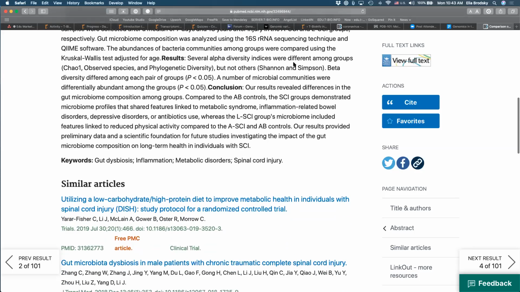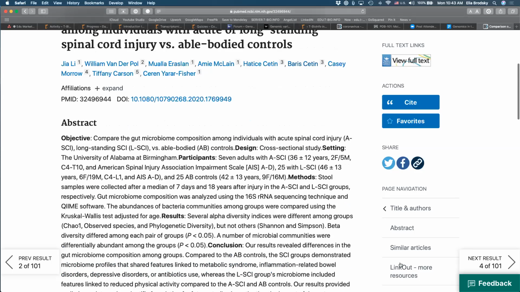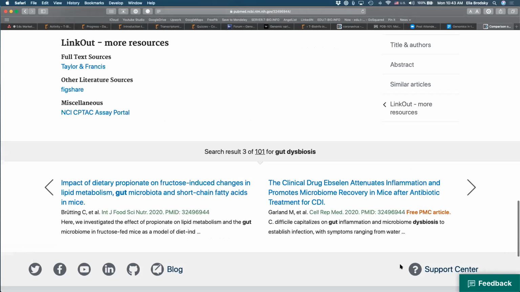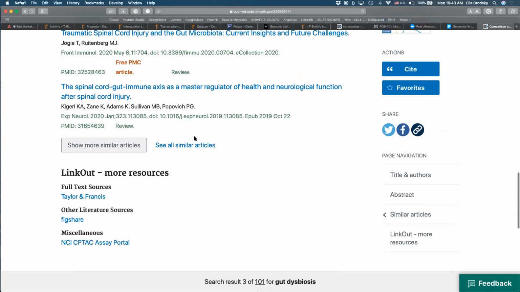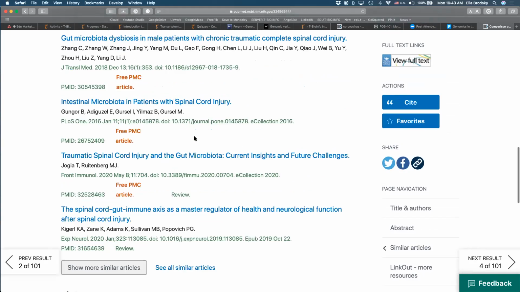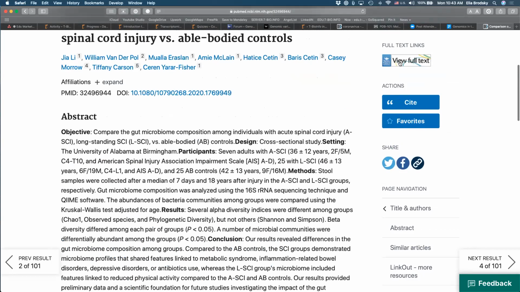So now if you look here, you will have a link out to more resources. Let's see if they have the data. Well, let's go look over here.